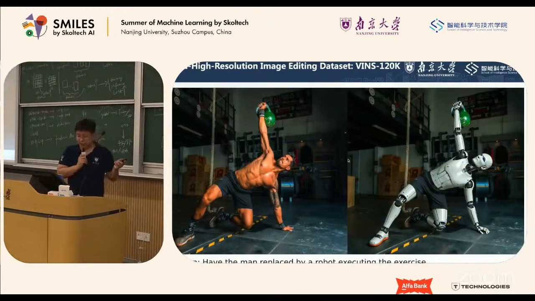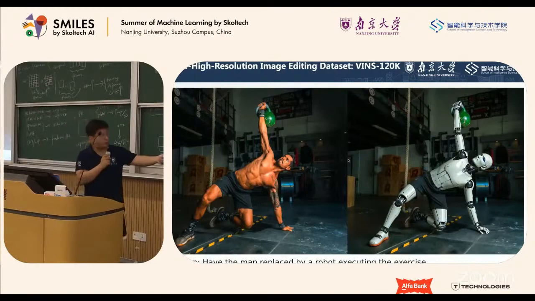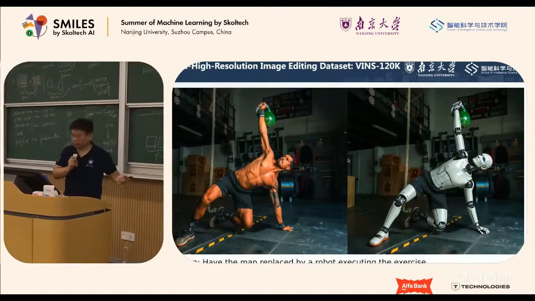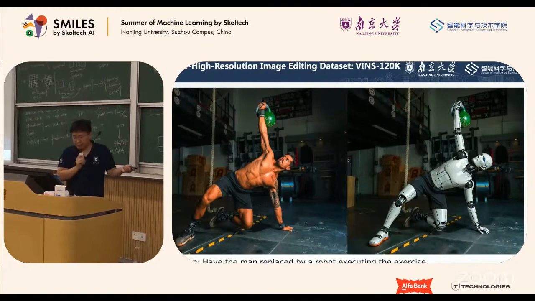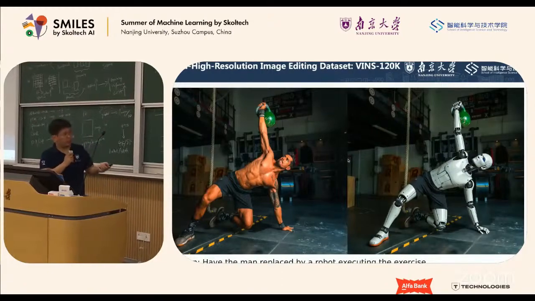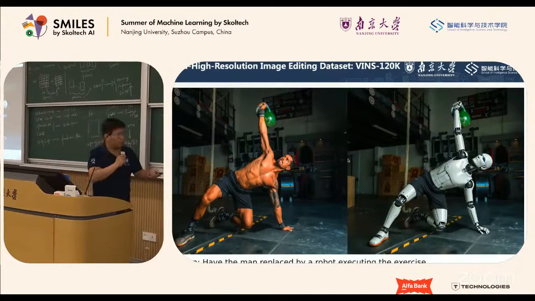And this example replaces a person with a robot performing the same exercise. The example tests whether a subject replacement can preserve the original pose correspondence, the scene geometry, and the overall composition.